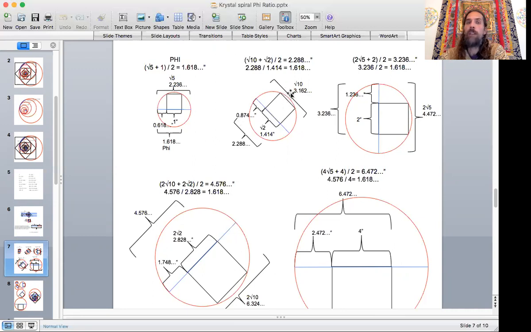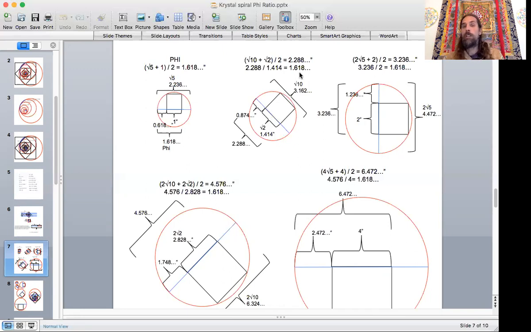Then what you're left with is the length of both these sides, and you divide that by 2, and that will give you the smaller length. Then you can divide that length by 1.414, and because the greater to the smaller are also in proportion as the whole length is to the greater, that will also give you 1.618.